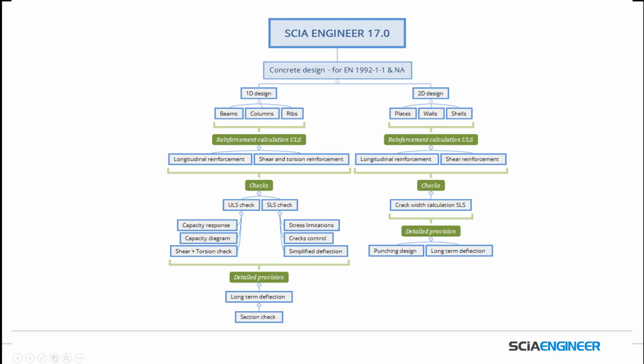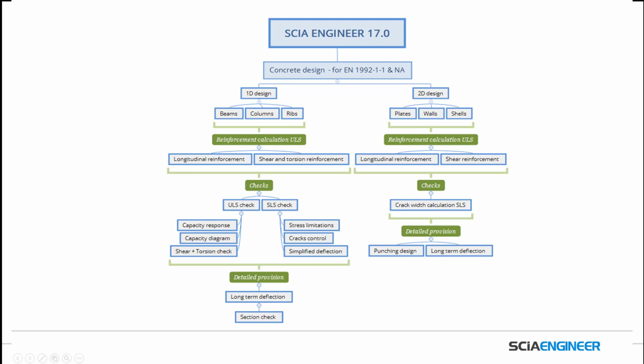You can design 1D members and 2D members, and you can calculate for those members the reinforcement according to the ULS. That means you can calculate longitudinal and shear reinforcement. And here maybe someone will ask, can I do some SLS calculation? In fact, you cannot calculate the reinforcement for SLS, but you can check your reinforcement for SLS. I will explain that in this part.